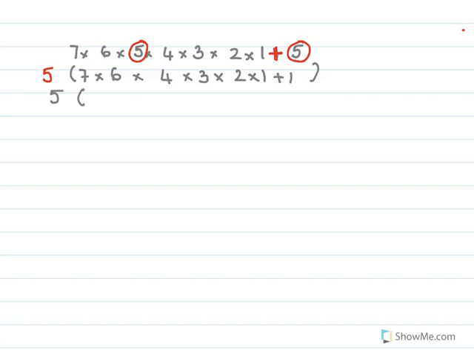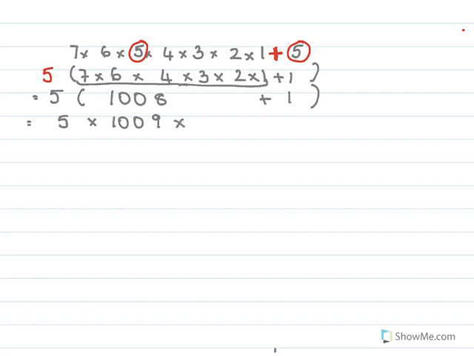Here it works out to 1008 plus 1. I have multiplied all these numbers, which I get 1008. So this is now equal to 5 into 1009.